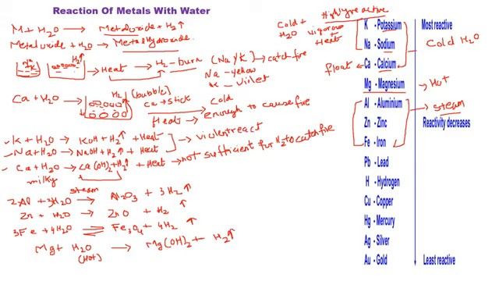Okay, so in NCERT they have written magnesium hydroxide is formed, but if you see in other books or even in Wikipedia, they have written that magnesium oxide is formed with the release of hydrogen. So that's fine. And all these reactions are very important. Now what about lead, copper, mercury, silver, gold?